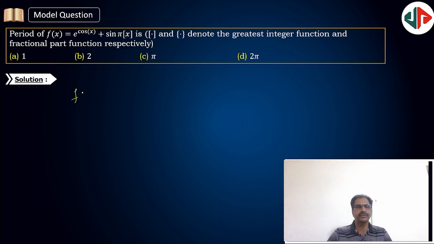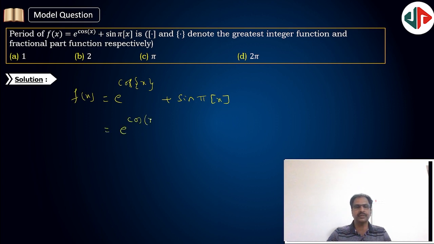Now f of x is equal to e power cos of that. What is the meaning of the bracket given? Sorry, this function should be like this. Look here. Cos of fractional part of x plus sin pi. This is e power.